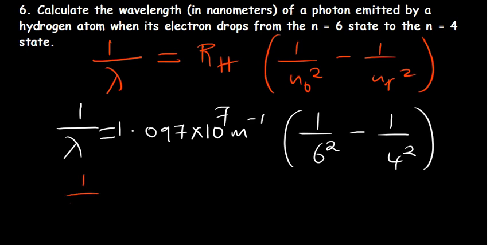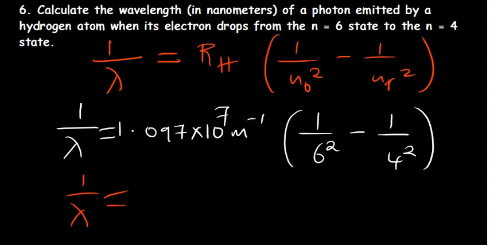So 1 over wavelength, so grab your calculator: 1 over 36 minus 1 over 16, multiplied by 1.097 times 10 to the power 7.